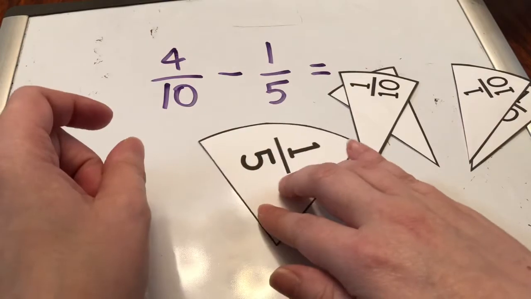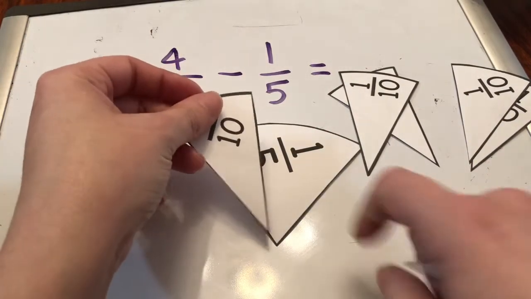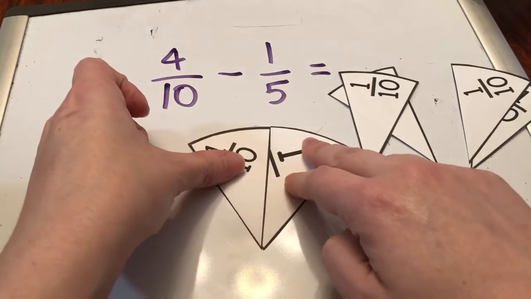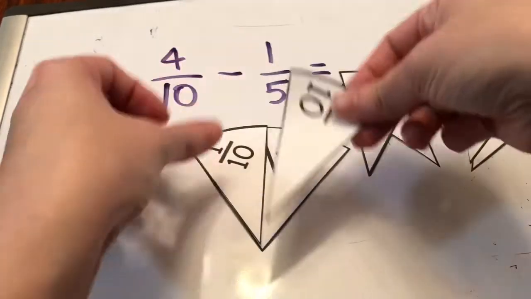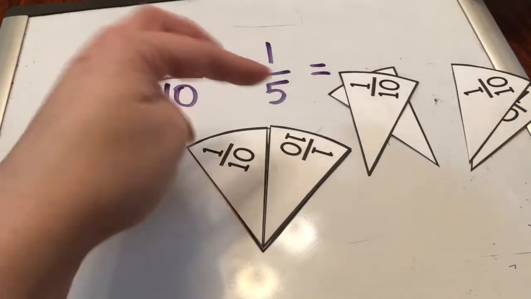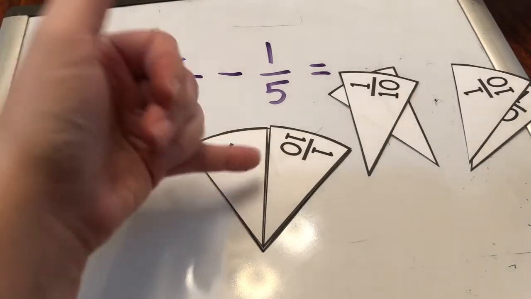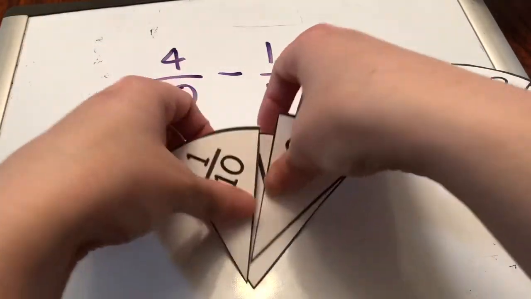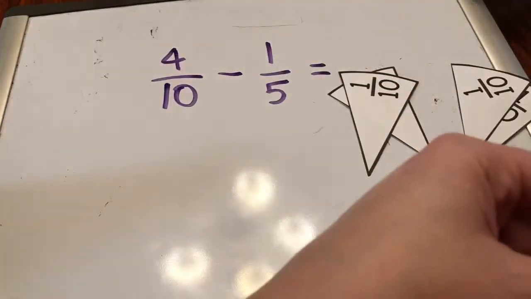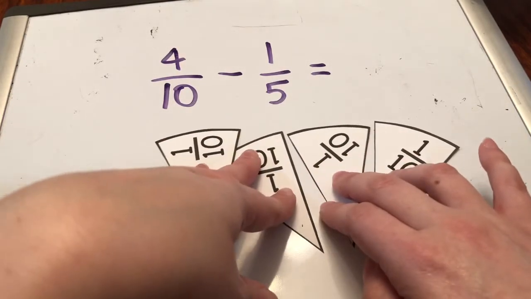So we're going to move these off to the side just so I can figure out how many tenths 1/5 is so that we can take that number of tenths away from our 4/10. Okay, so I have my 1/5 and I can see that 2/10 fit on it. So 2/10 is equivalent to, takes up the same amount of space as 1/5. So that means that I need to take away 2/10 from my 4/10.